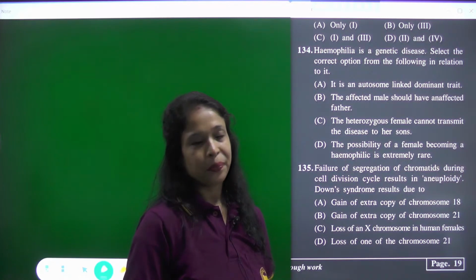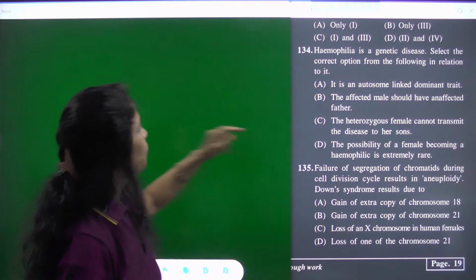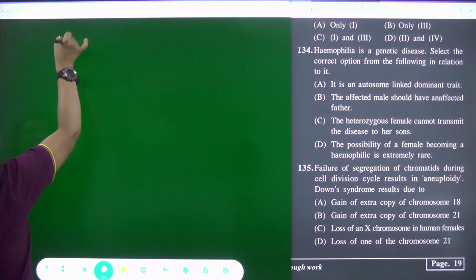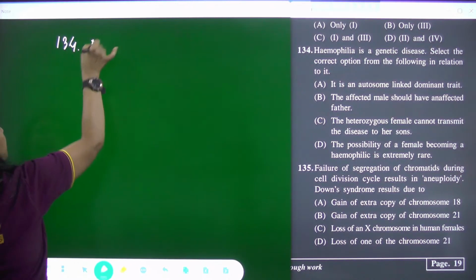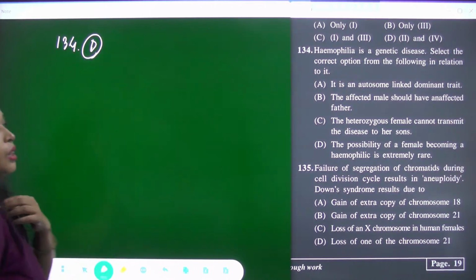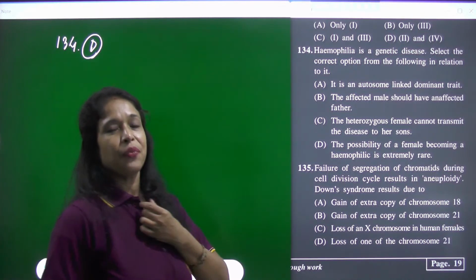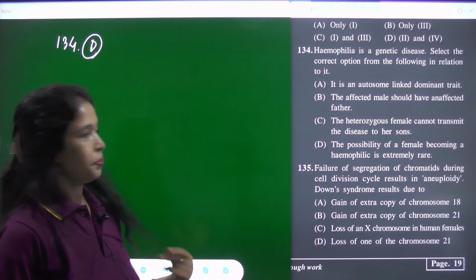So 134 हीमोफीलिया के लिए कौन सा ऑप्शन करेक्ट हो गया है? लास्ट. Possibility of disease is very less in female.